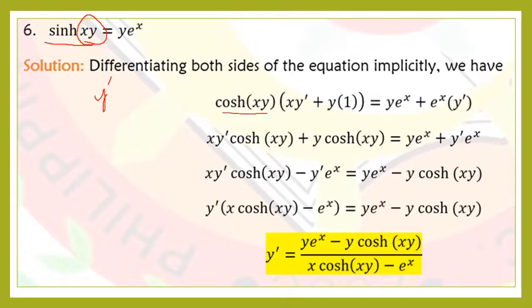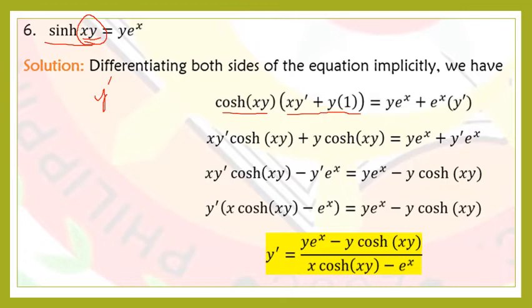That's why it is cosine h of xy times d of xy, and since both are variables involved in multiplication, we apply the product rule.